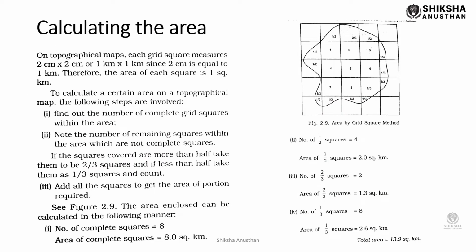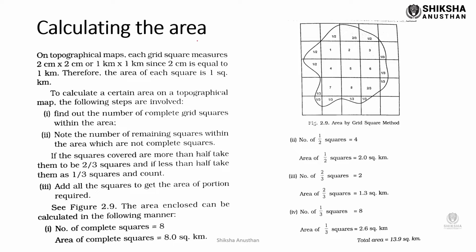Then calculating the area. On topographical maps, each grid square measures 2 cm by 2 cm, or 1 kilometer by 1 kilometer, since 2 cm is equal to 1 kilometer. Therefore, the area of each square is 1 square kilometer.